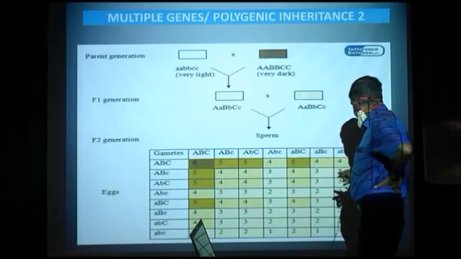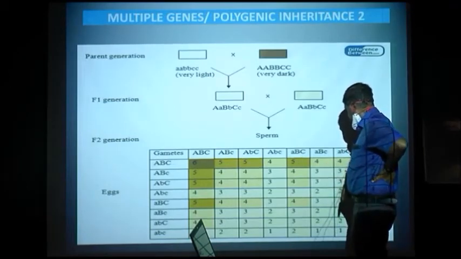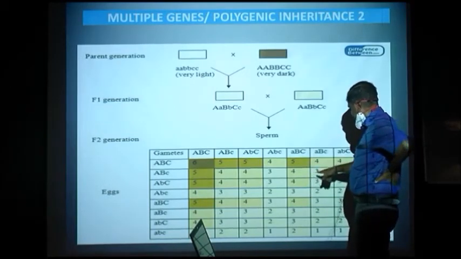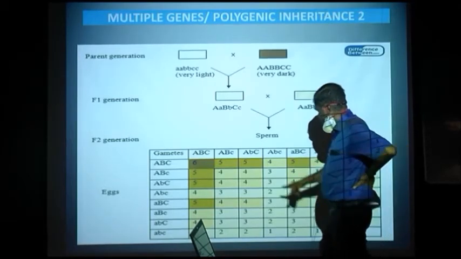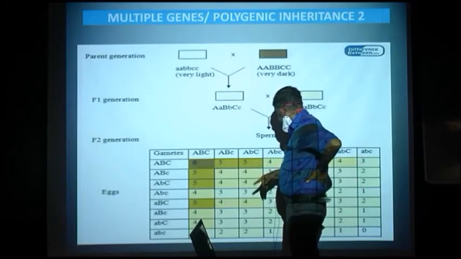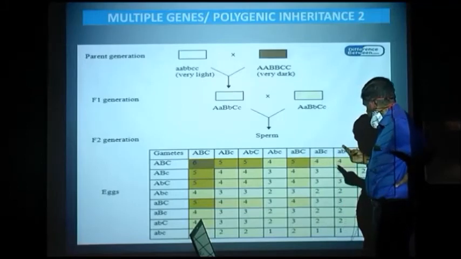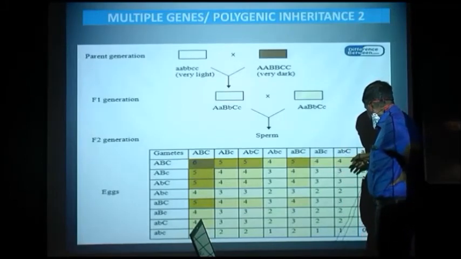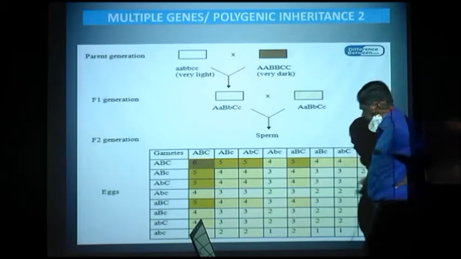Now, after 5 you get 4 where there is 1 dominant gene, B here, then B here, B here. Now, there is also only 1 dominant gene which is light. There is some error in this diagram.